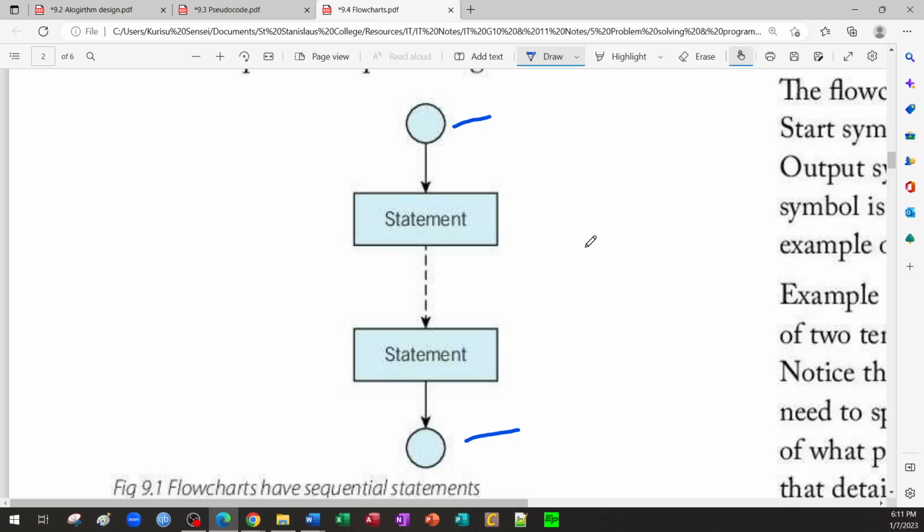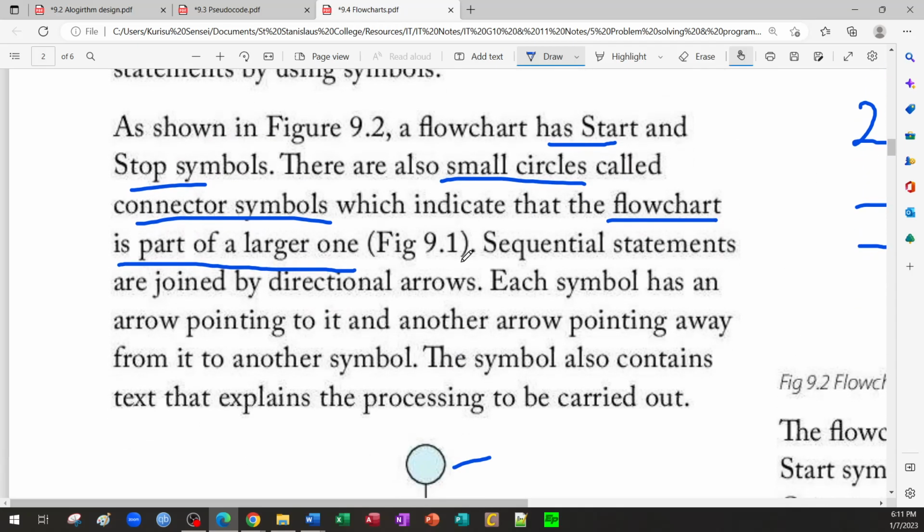It's an indication that you can actually connect it to a larger flowchart. Sequential statements are joined by directional arrows. So that's your flow lines. Each symbol has an arrow pointing to it and another arrow pointing away from it to another symbol.